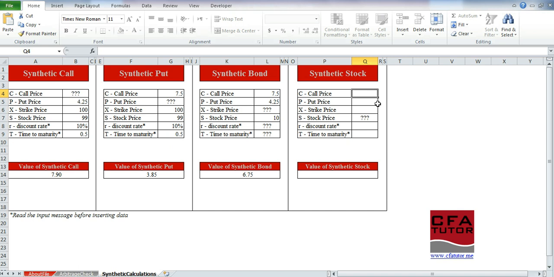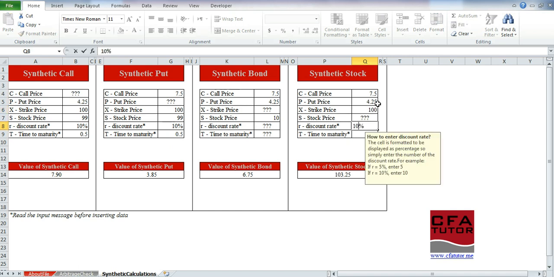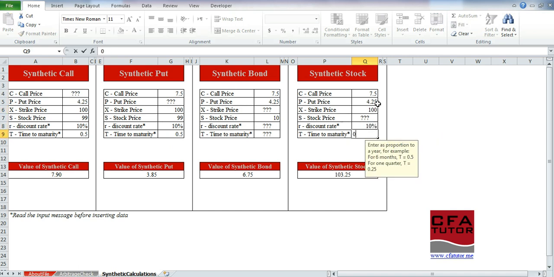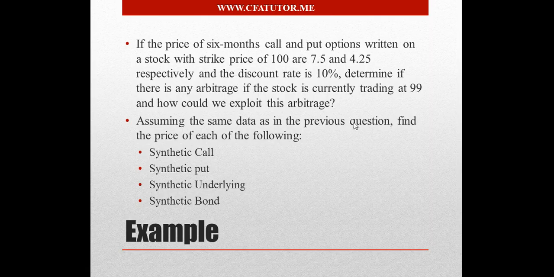And if we do it to find the synthetic stock price, we assume 7.5, 4.25, and then we assume 100, 10%, 0.5, and that's it. The value of the synthetic stock would be 98.6. So that's pretty much it, I guess, about the example and the whole put call parity.